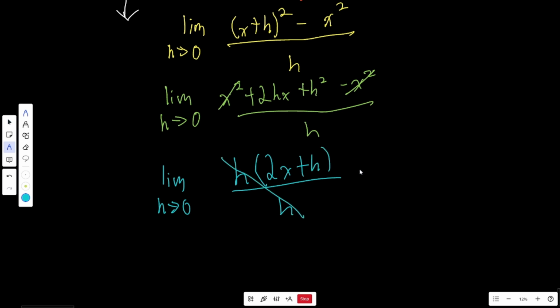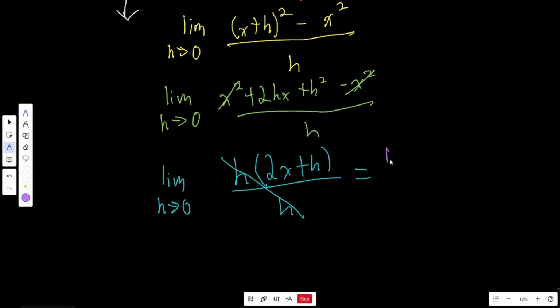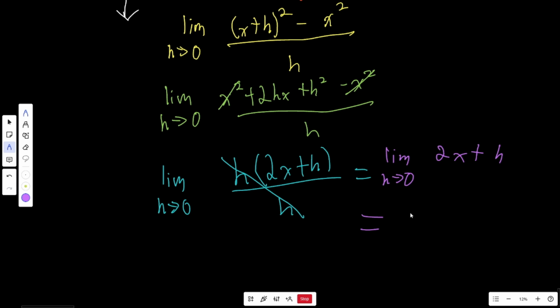So now we're going to be left with the limit as h approaches 0 of 2x plus h. Substituting 0 into h rather, we'll be able to get 2x as our answer. And this is also our equation for slope.